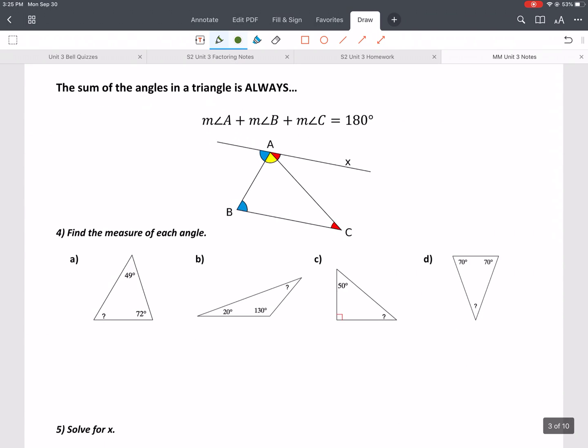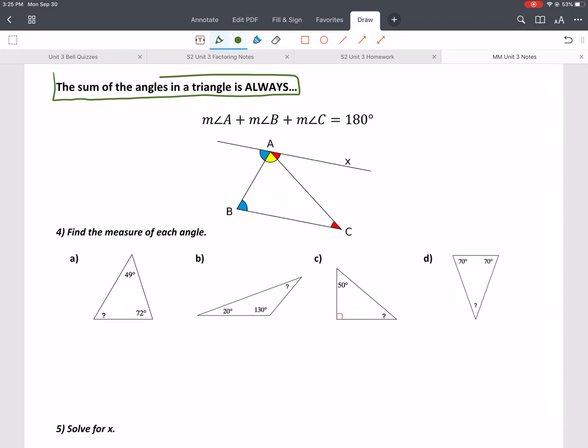All right, next we talk about how the sum of the angles of a triangle is always 180 degrees. Always.